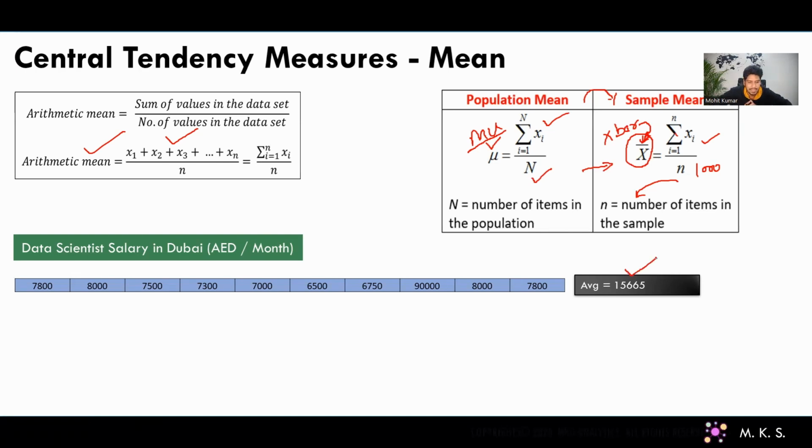15,665, right? If you look among these, we have all the values around 7,000, 8,000, 9,000, but there is one value which is coming as 90,000, guys, right? And in statistics and in data science, we call this an outlier value, which is inconsistent with other data, right? Now, this is not an invalid or wrong value because there can be a person who is earning 90,000, right?